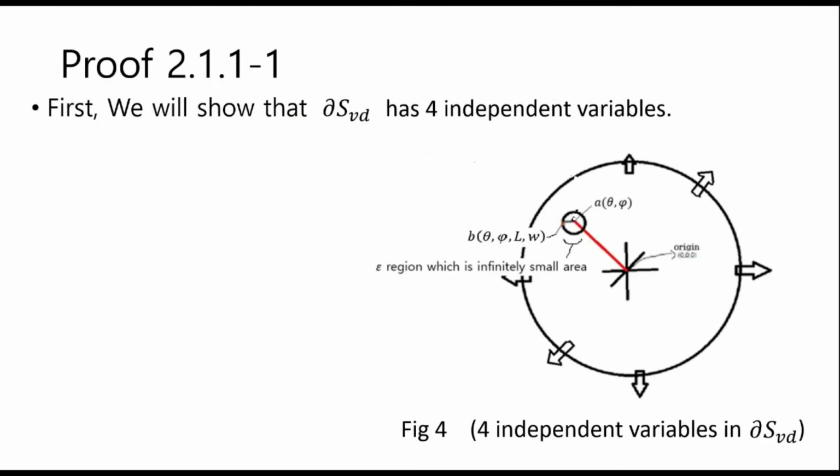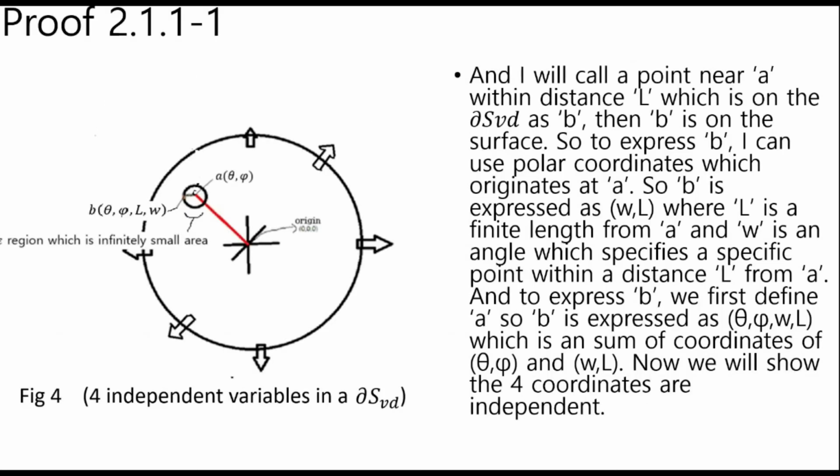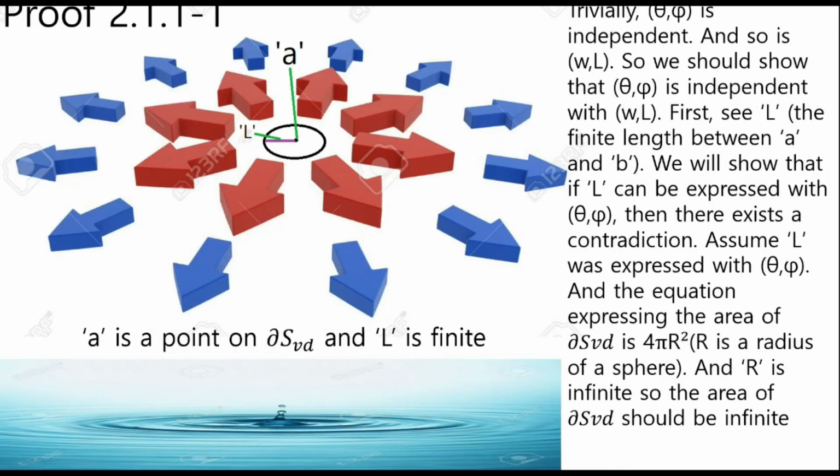First, we will show that DS3D has 4 independent variables. I will call a point near A within distance L, which is on DS3D, B. Then B is on the surface, so to express B, I can use polar coordinates which originate at A. So B is expressed as omega L, where L is a finite length from A, and omega is an angle which specifies a specific point within a distance L from A. To express B, we first define A, so B is expressed as theta phi omega L, which is a sum of the coordinates theta phi and omega L. Now, we will show the 4 coordinates are independent.